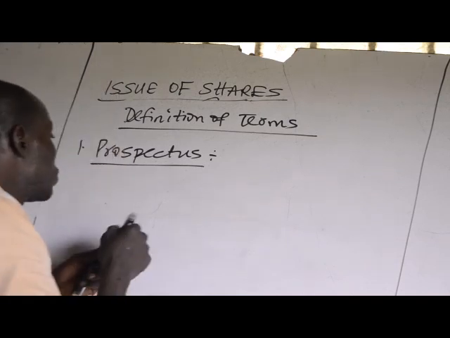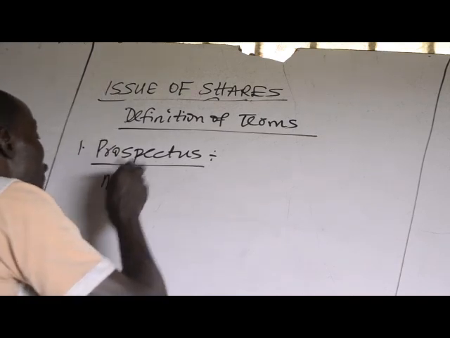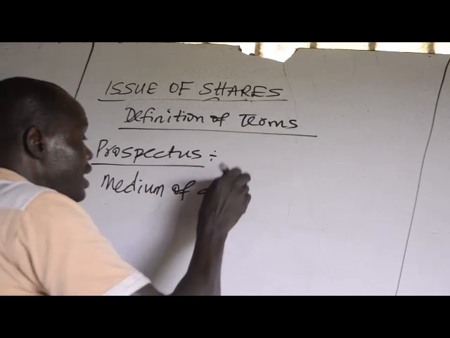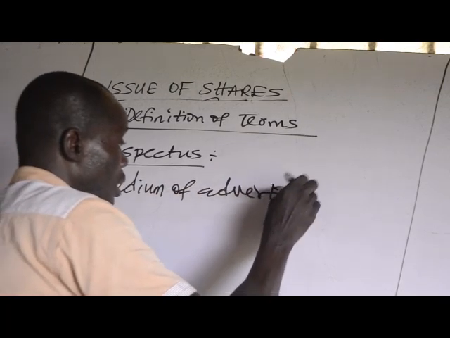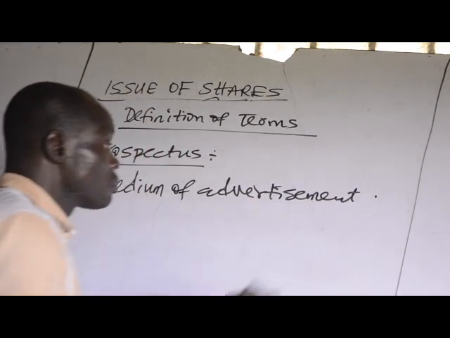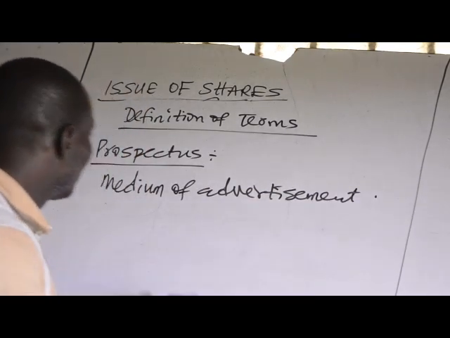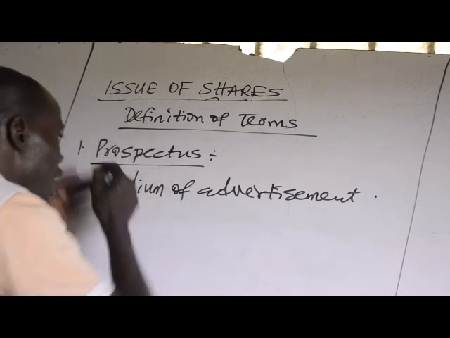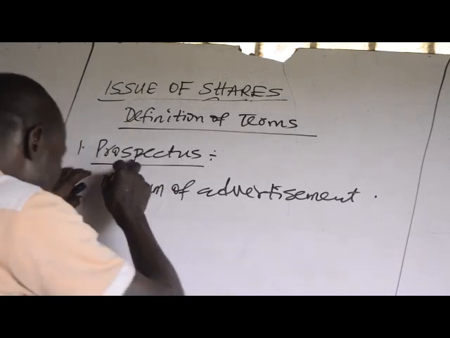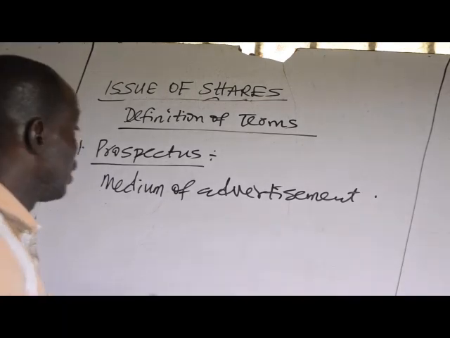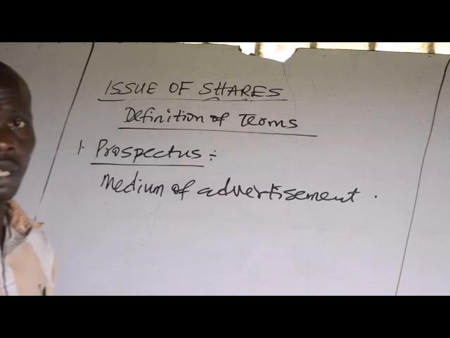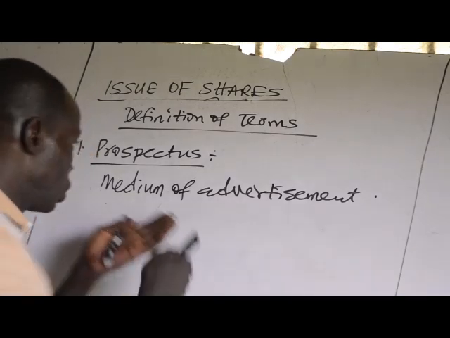That means prospectus is a medium of advertisement. It is only public companies that can issue a prospectus. Private companies cannot issue a prospectus.